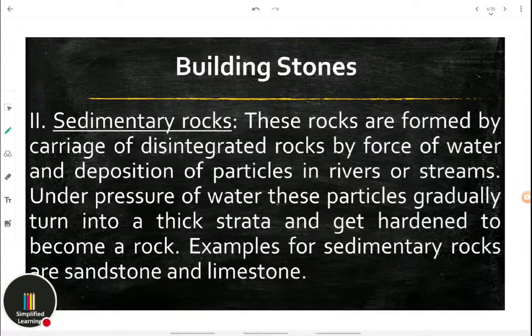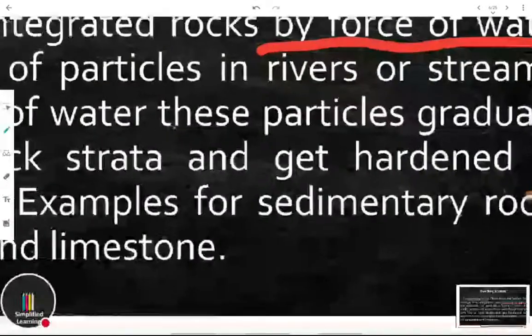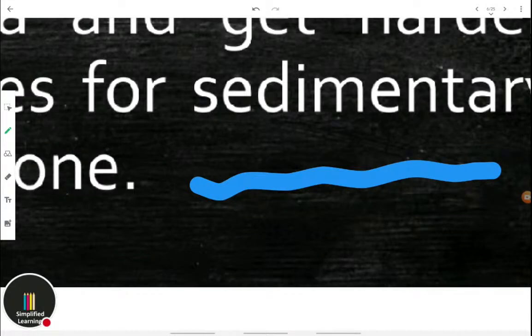Let's go to sedimentary rock. The word itself suggests the natural property of sedimentation. Sedimentation is the process by which sedimentary rocks form, by the force of water. Let's see how sedimentation takes place. We are having a river like this. When the river is flowing, it is not carrying only water in the form of H2O.